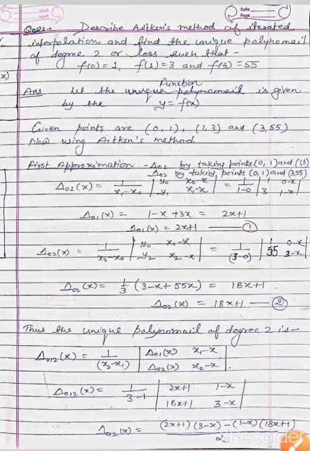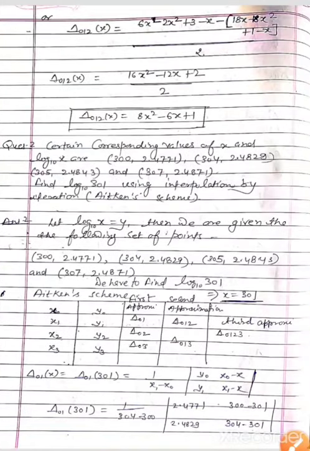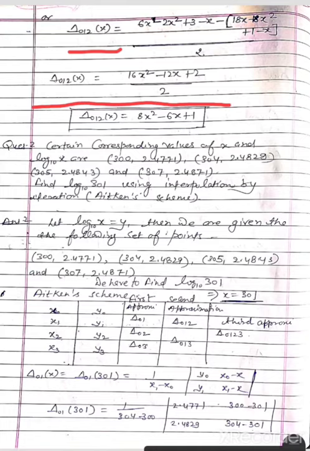So putting all these values, we obtain delta 012 of x by this equation, and solving this determinant we obtain the unique polynomial of degree 2, given by the expression delta 012 of x equals 8x squared minus 6x plus 1. This is the unique polynomial of degree 2 calculated by the given 3 points.